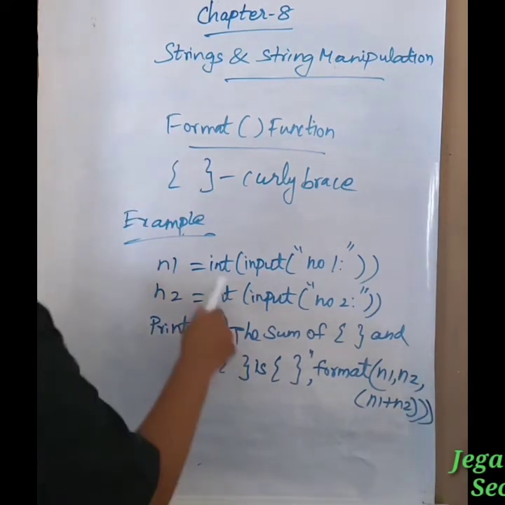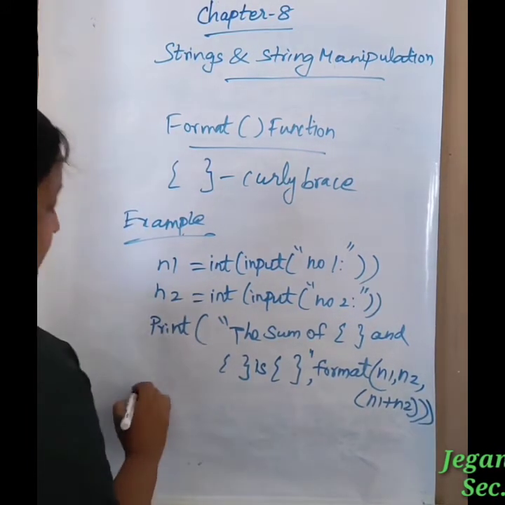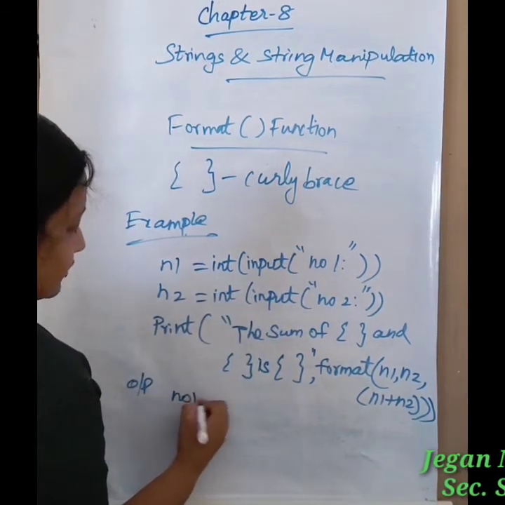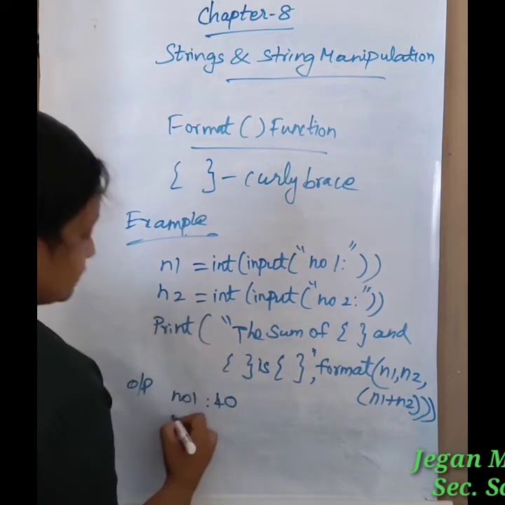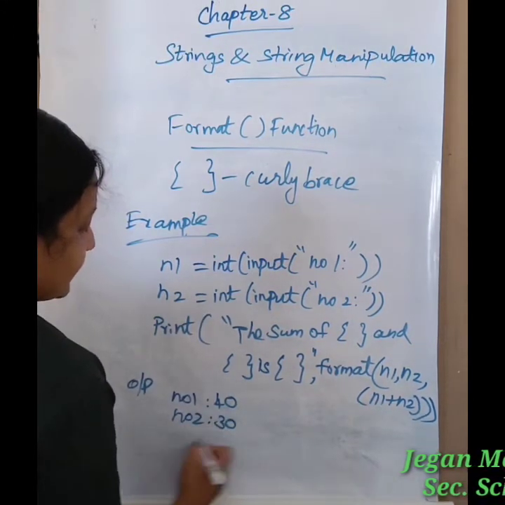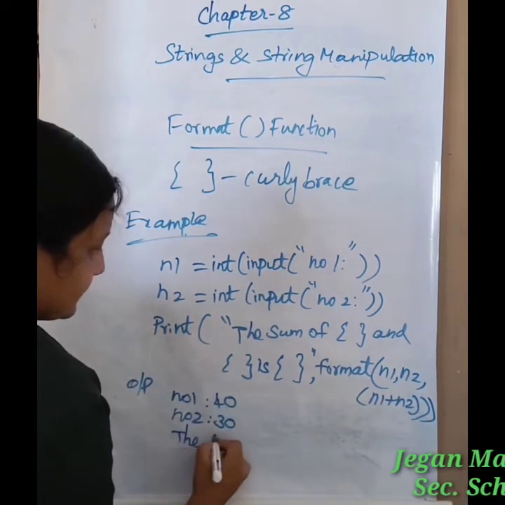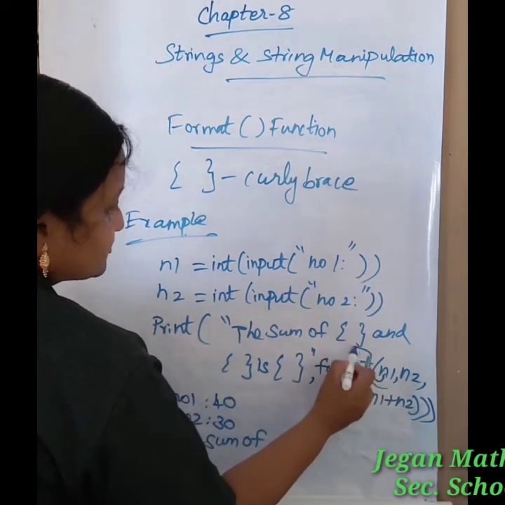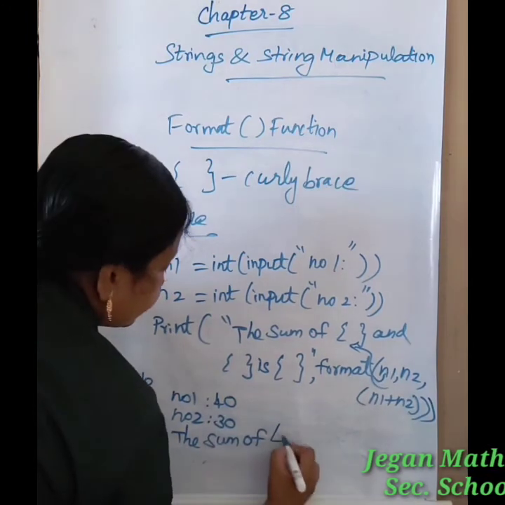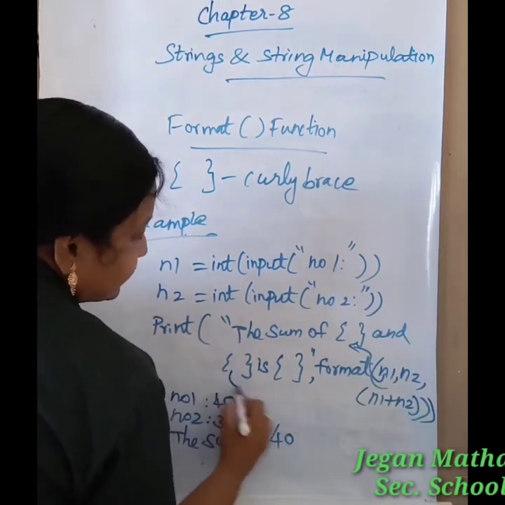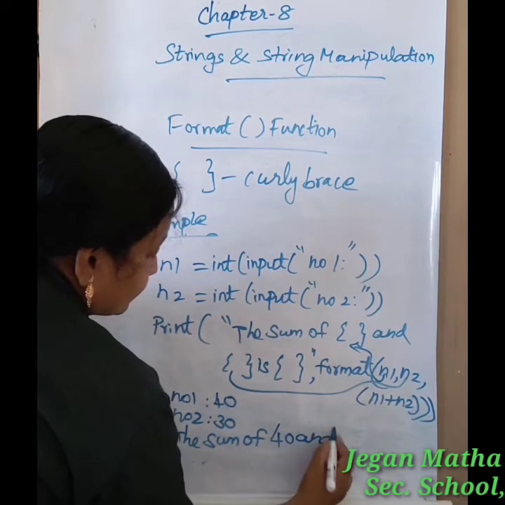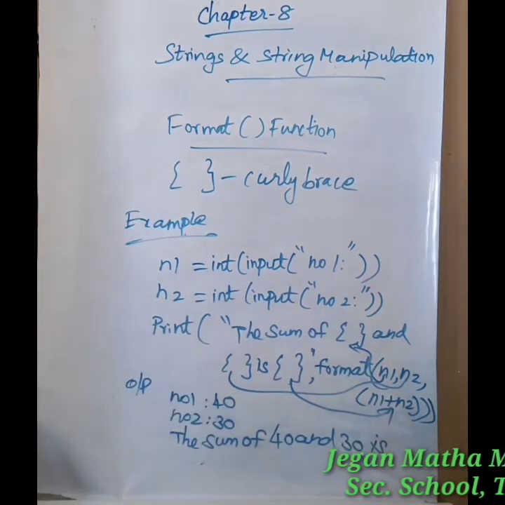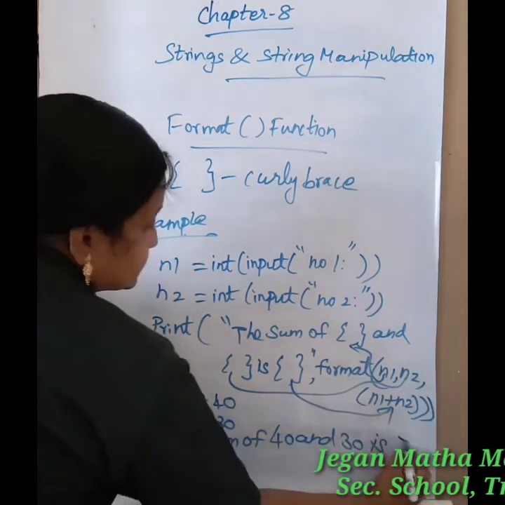Now here, when we enter the value for number 1, for example 40, and then n2, that is number 2, 30, finally it produced the result, the sum of the first curly brace is used for num1 value, that is 40, and the second curly brace used for num2, and the third curly brace used for n1 plus n2, and then it produces the result 70.